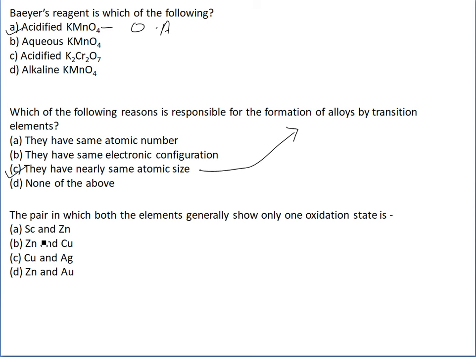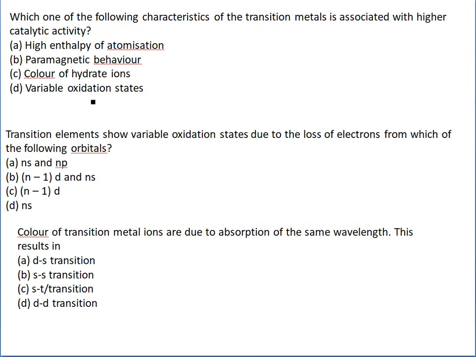Options are scandium and zinc, zinc and copper, copper and silver, and zinc and gold. The correct option is scandium and zinc show only one oxidation state. Clear? Next question. Which of the following characteristics of transition metal is associated with higher catalytic activity? Transition elements show higher catalytic activity because of variable oxidation state. Okay, D block elements show variable oxidation state.